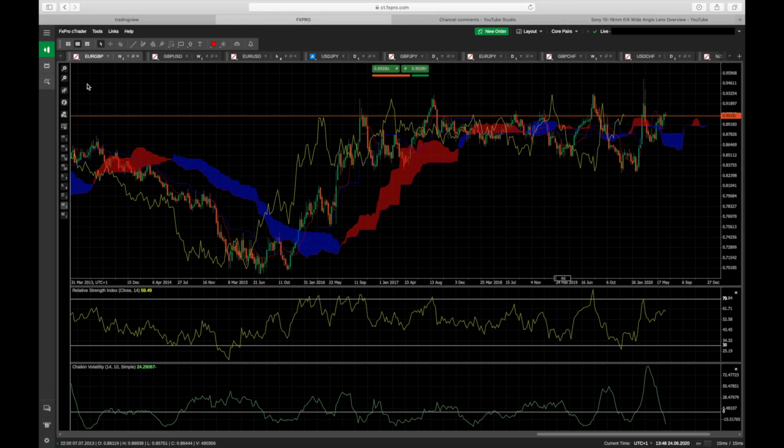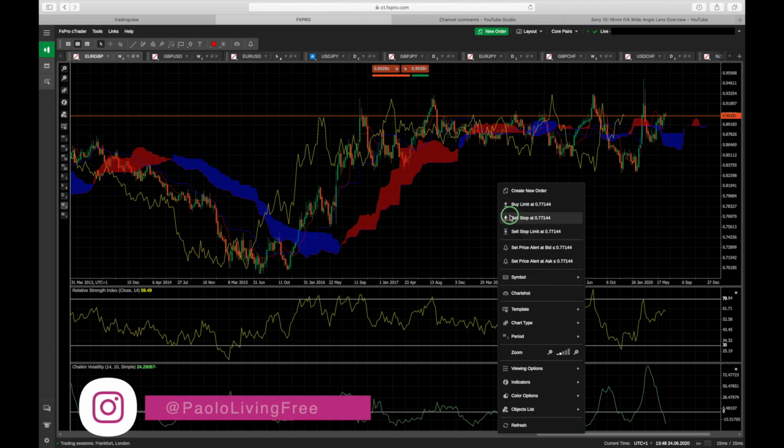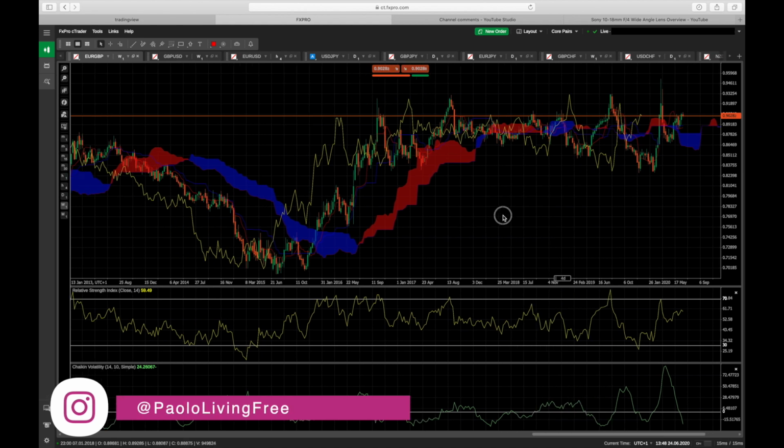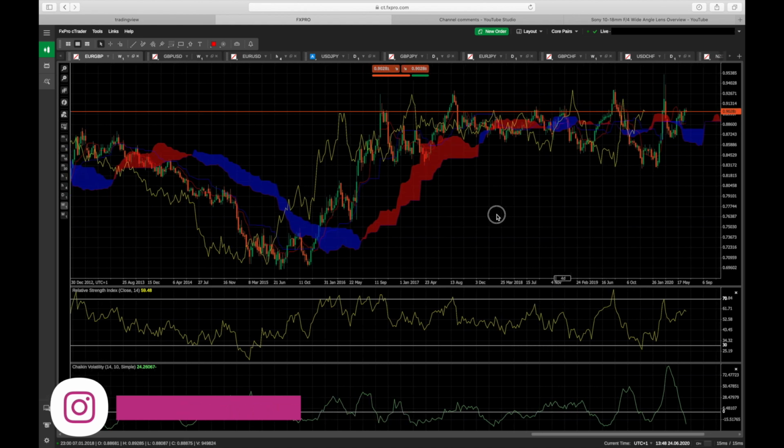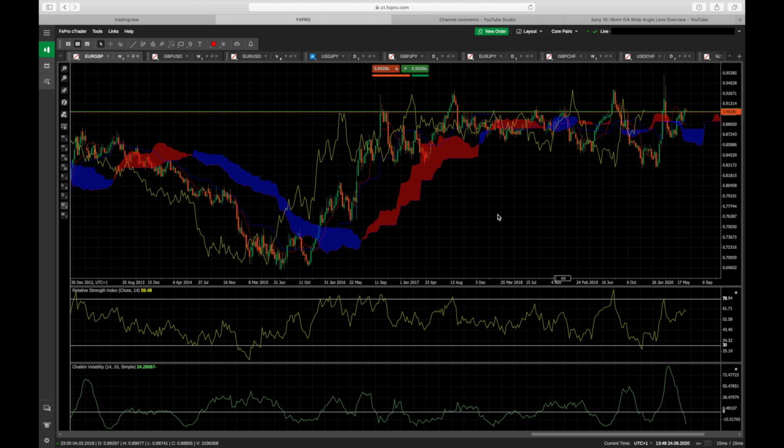So we are on the Euro GBP. We jump straight up to the weekly. Now let's have a look at the weekly. Let's just move the chart a little bit to the right to see as much of the left as we can and see where we are. Okay, we can see at the 0.902, that's a good resistance level.